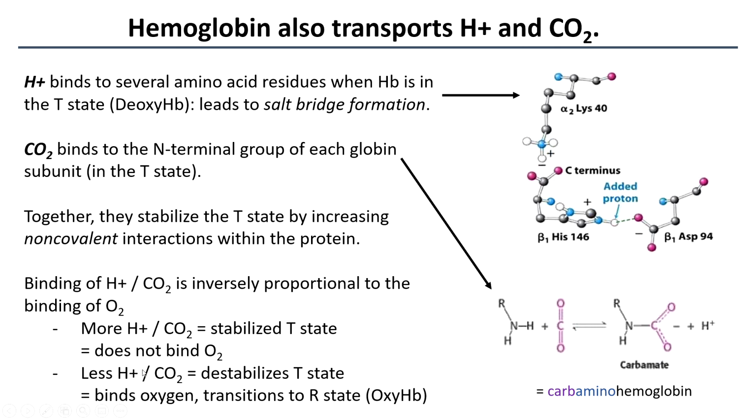Where there's less hydrogen ion concentration and carbon dioxide concentration, so in the lungs, where carbon dioxide is constantly being expelled, that actually destabilizes the tense state, making hemoglobin more able to bind oxygen, since the non-covalent interactions within the protein are a little looser when there's less hydrogen ions and less carbon dioxide bound to it.